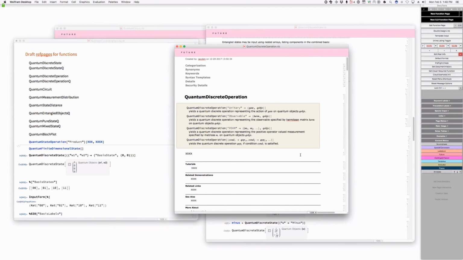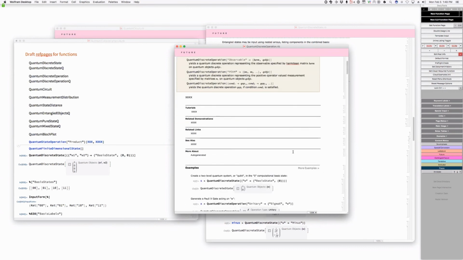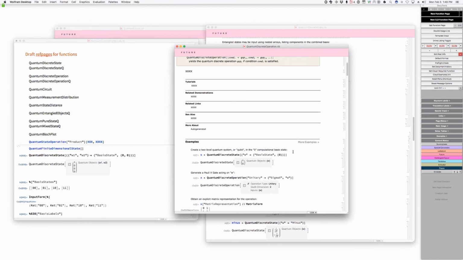So everything is just some quantum discrete operation, and your circuit just consists of a bunch of quantum discrete operations, not discrete operations and observables and POVMs and other things. Let me take a look at what some of these are.